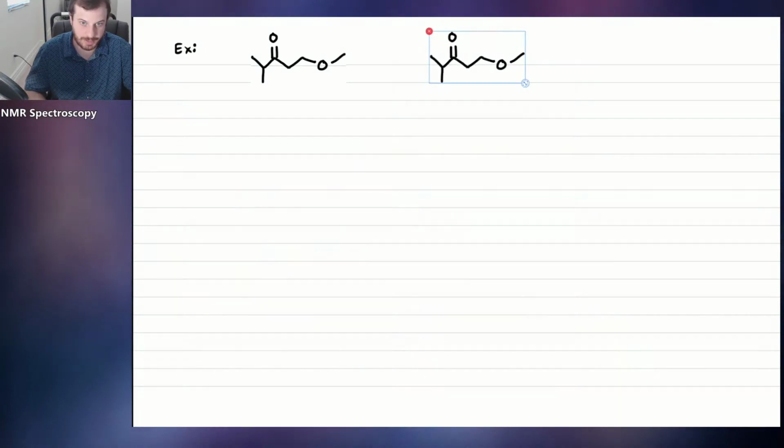Okay, the molecule is copied, and now let's go ahead and draw in those hydrogens. We'll draw them in blue.